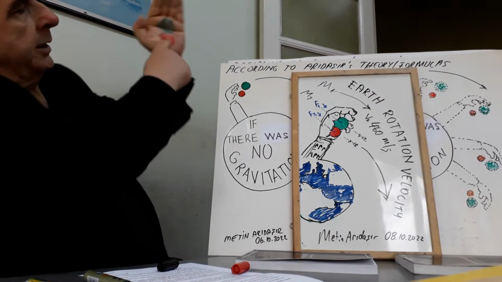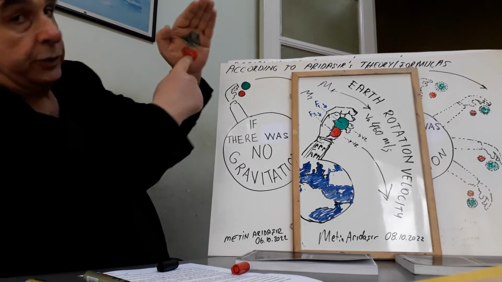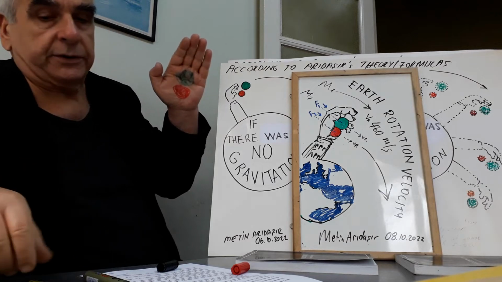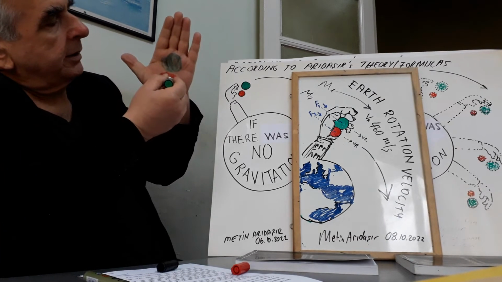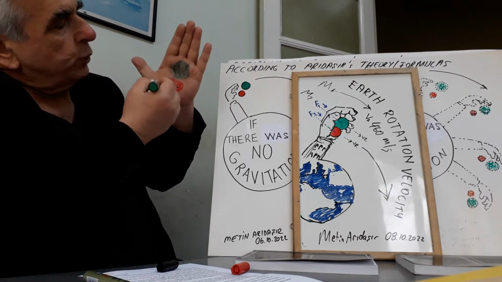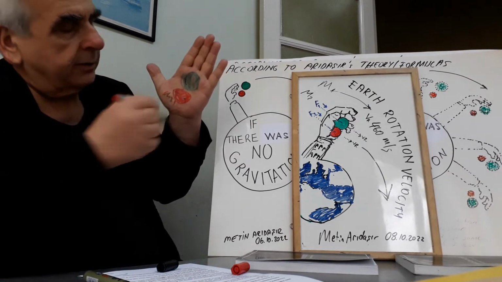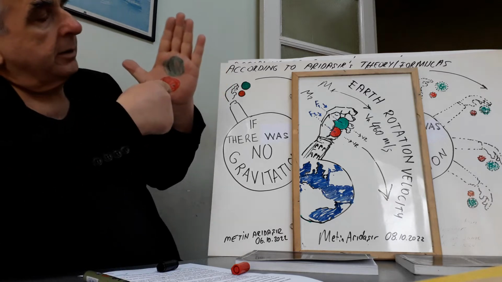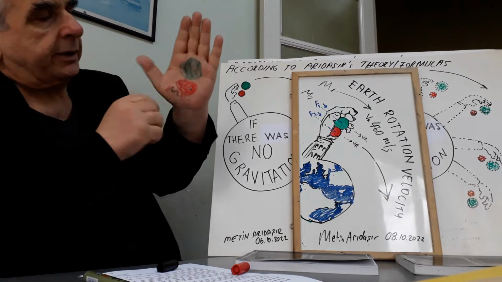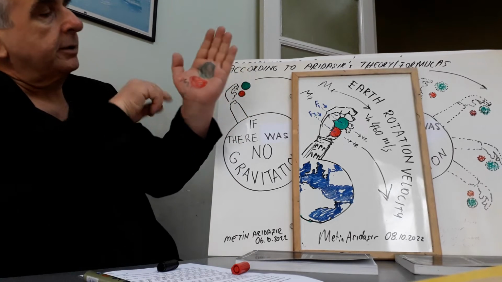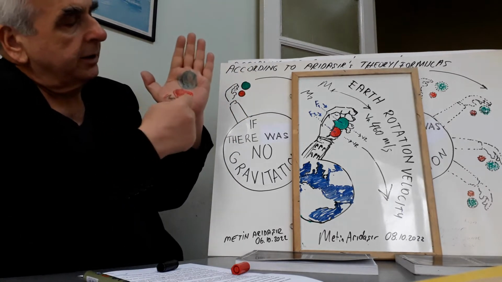But while we are rotating together at 460 meters per second, the red one, mass 1, pushes back, then there is a reaction from my hand.